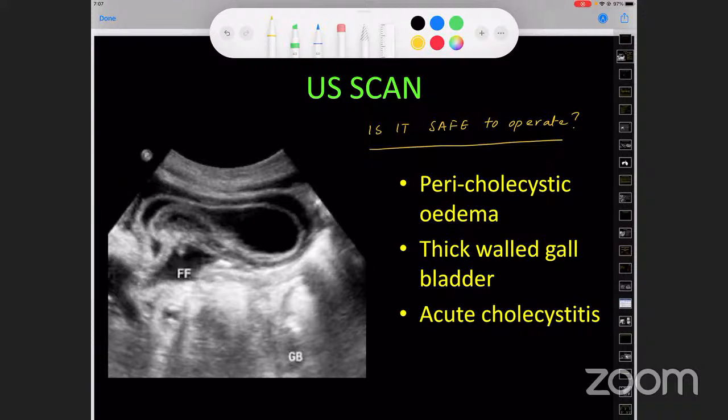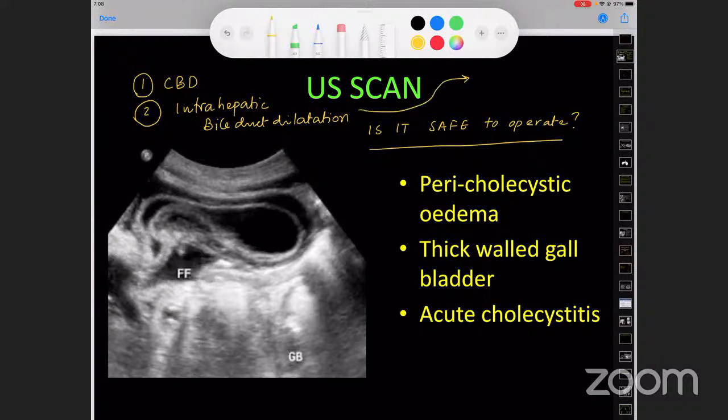I'd like to know from my radiologist whether there's any evidence of intrahepatic bile duct dilatation, which would mean that there's an impaction of the stone, or peri-choledochal inflammation carrying on from the gallbladder over to the bile duct. In that situation, I might even ask my radiologist to be absolutely sure that there's no pressure on the bile duct.